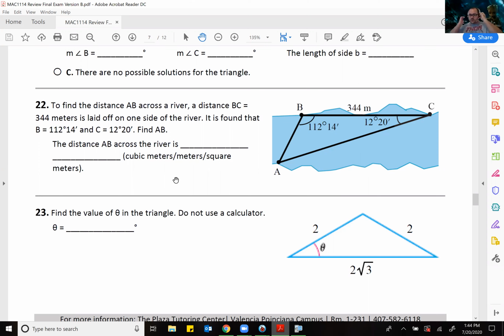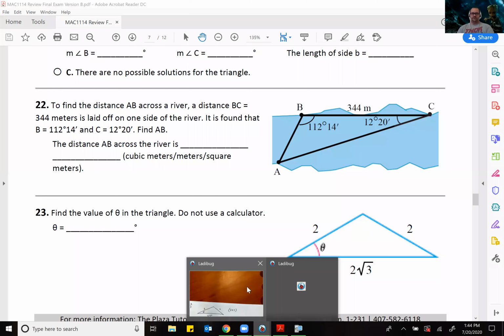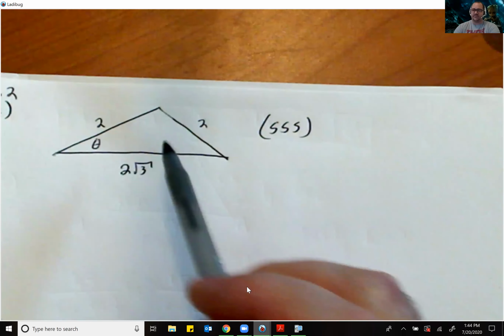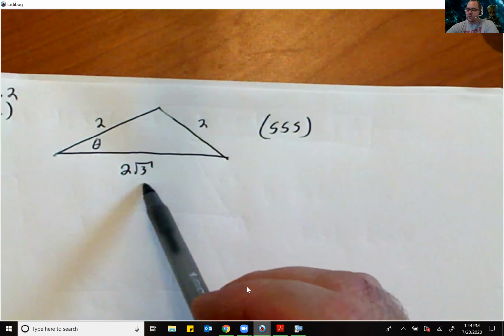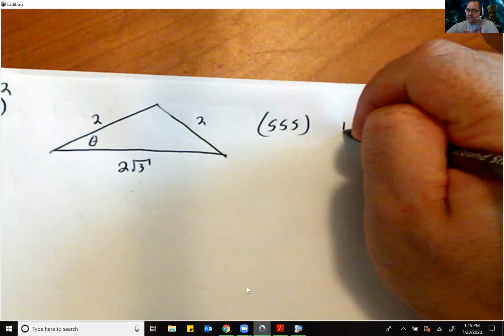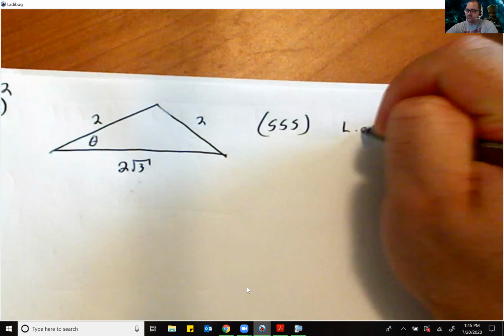Here they want us to find the angle, theta. When you're dealing with law of cosines, you got to be careful, because there are certain things that have to happen when you're finding the angles. We have side, side, side here because we have all three sides. So we're definitely going to use law of cosines.